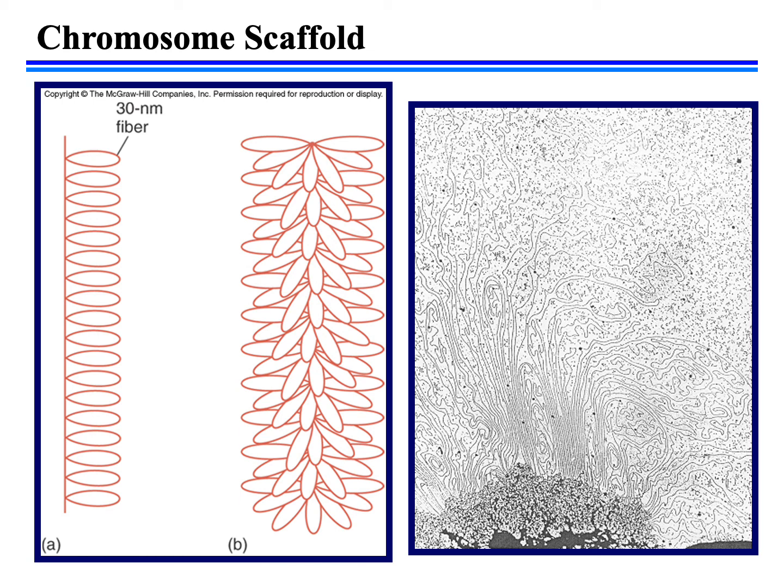That strand is referred to as the nuclear scaffold, and the nuclear scaffold is the attachment point for these loops of 30 nanometer fiber. On the right-hand side, you can see how complex it is, where there is this back and forth petal-like structure with the attachment point at the nuclear scaffold in the center.